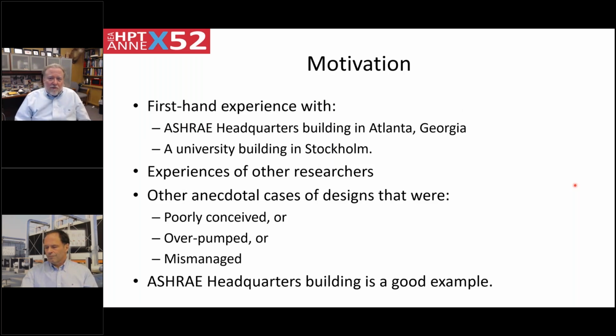So the motivation for this project, for my own part, was partly some firsthand experience I had with the ASHRAE headquarters building, and also a university building in Stockholm whose systems' performance we analyzed. But also, other researchers ran into similar experiences. There are anecdotal cases of designs that were either poorly conceived, over-pumped, or mismanaged.